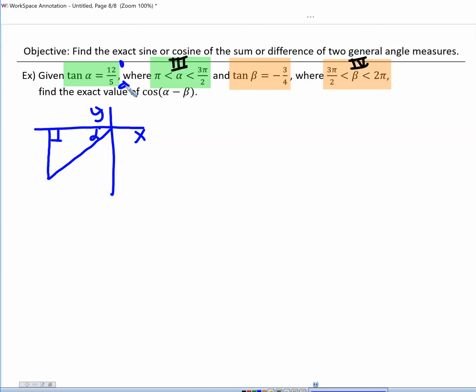Now, this is why I said tangent can be a little tricky. So opposite would be here at 12, adjacent would be here at 5. But we are in the third quadrant, and in the third quadrant, both x and y are negative. So we need to make sure we make both of them negative.